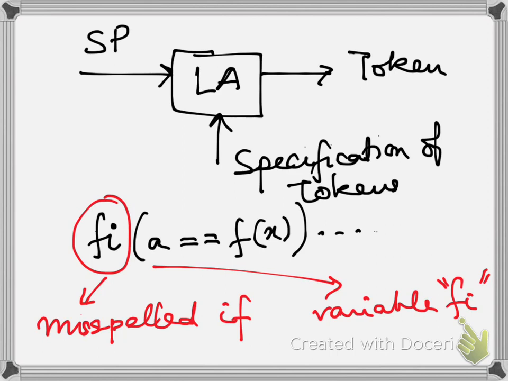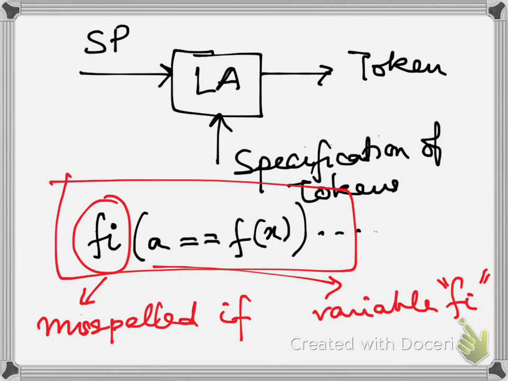Because we have seen the entire statement, we know that it should have been if. So it is a spelling mistake. But the lexical analyzer cannot see the rest of the program; it is just looking ahead for a few characters. So it will assume that this fi is a variable name, create a token for fi, and enter fi into the symbol table.